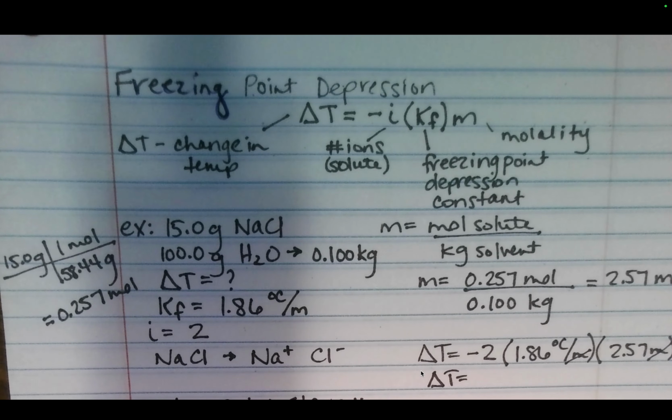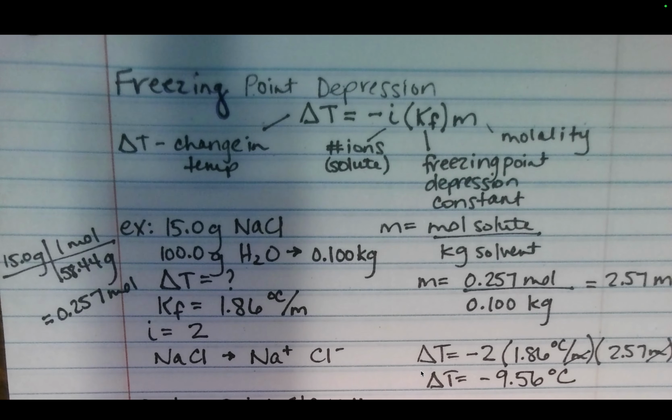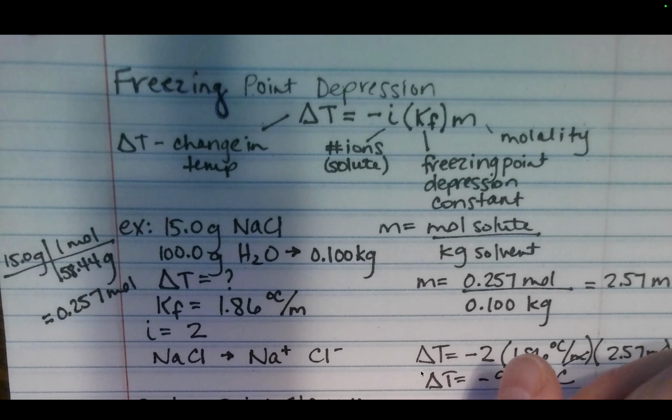If you plug all of that into your calculator, you'll get negative 9.56 degrees Celsius, which means that I will lower the freezing point of this solution by 9.56 degrees Celsius. Okay. If the question asked you, what will the freezing point of this solution be? I'll write this out.